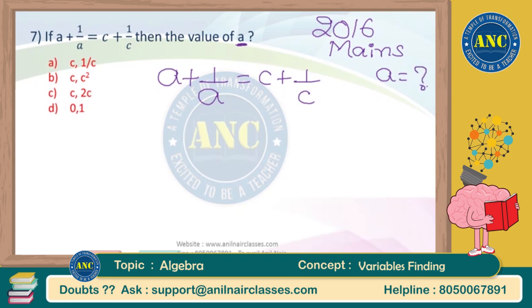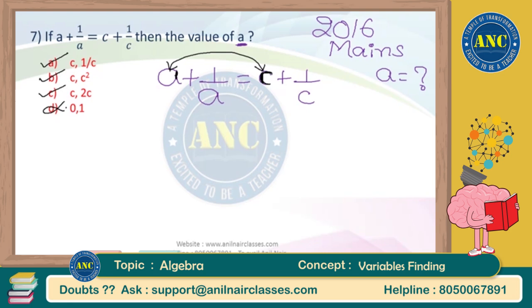Now in the simplest way, if I compare left hand side with right hand side, A value is C. Correct, right? In place of A on the left hand side, you have C on the right hand side. That means A value is C. Can I say that first option is correct, second option is correct, third option is correct, fourth option can be eliminated because A value is not C in the fourth option.